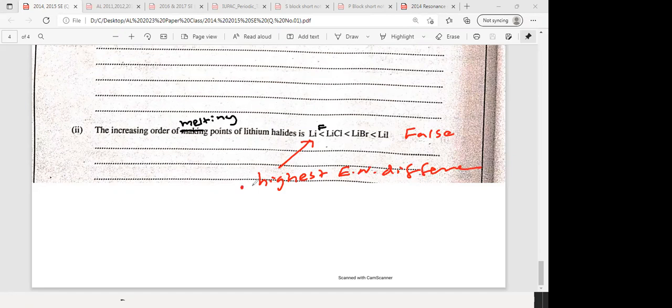When electronegativity difference is highest, ionic character is highest. Please write it. Highest ionic character, highest electronegativity difference, LiF.